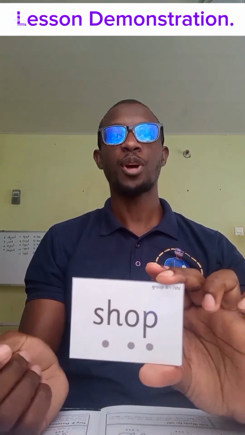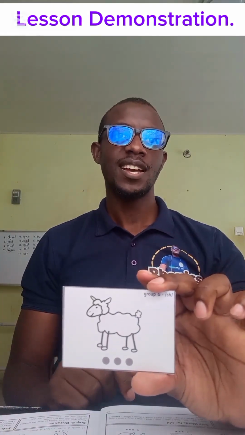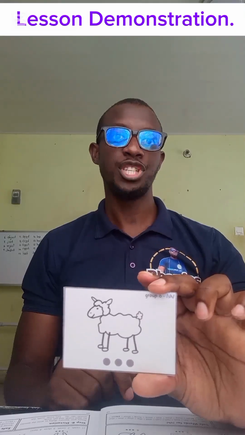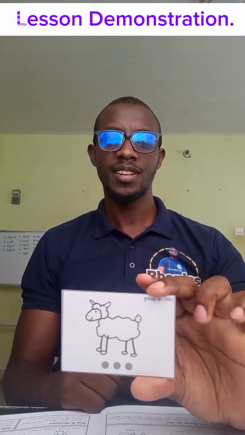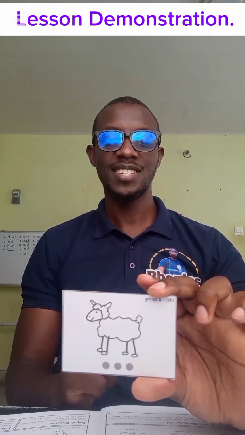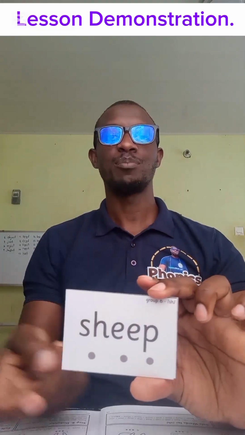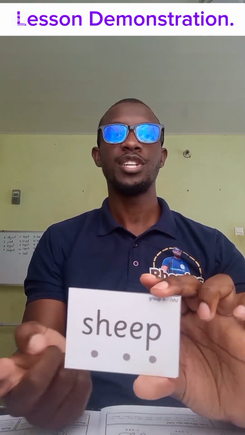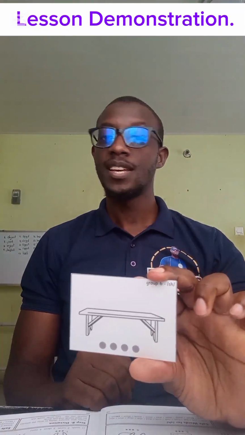Shop. Good. What's that? A sheep. Yes, a sheep. Now, can you hear today's sound in sheep? Yes. And where is it? It's at the beginning. Sheep. What's that? It's a bench.